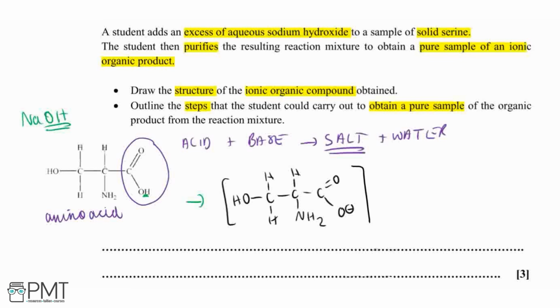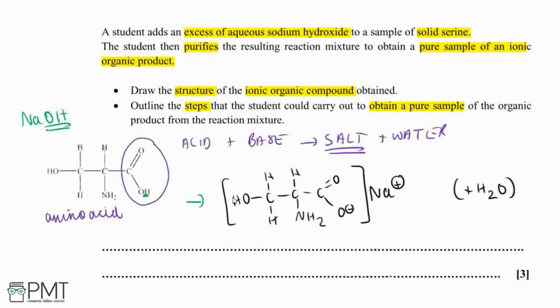We've got a negative charge now on that oxygen. And therefore this forms an ionic compound, so an ionic salt with the sodium ions left behind in solution overall. And we also form water, which I'll just pop in brackets there. So we've formed an ionic solid salt overall.